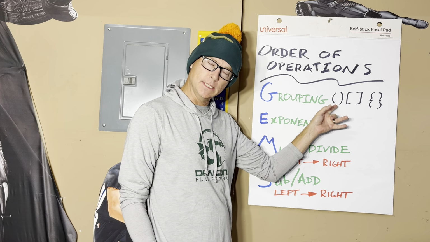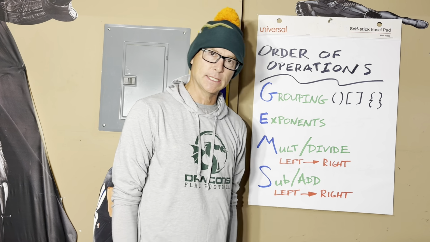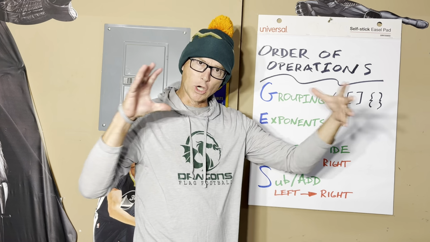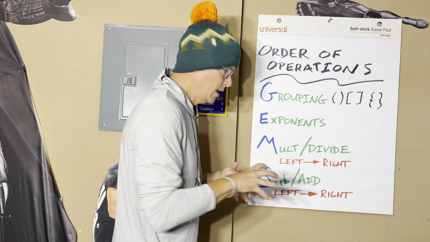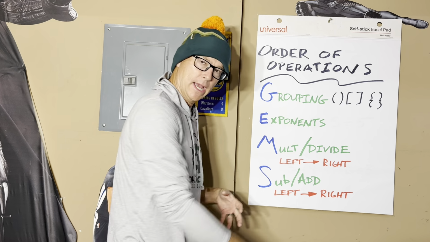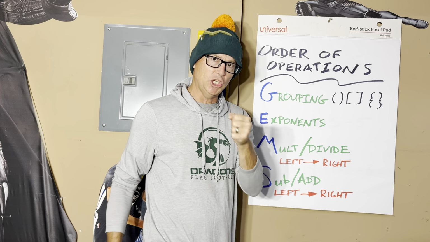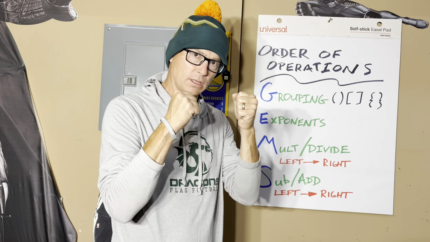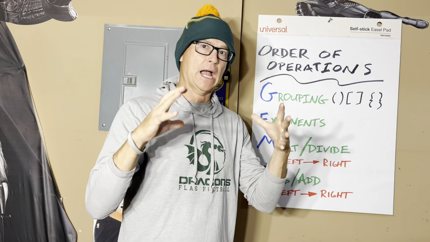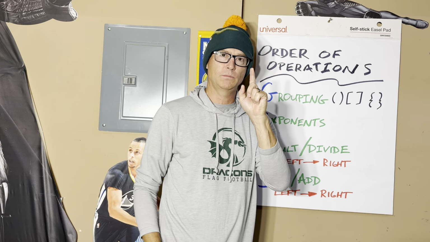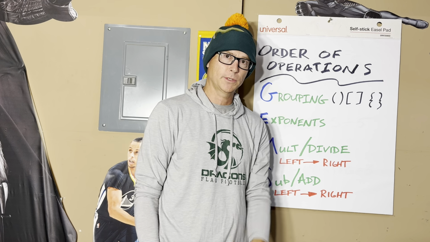We have parentheses, brackets, and braces. You do those first. So I like to think of this as like a pound, and you have these animals, okay? The G eats first. It's like the big German Shepherd. There's a bowl of food, and the grouping symbols eat first, German Shepherd.